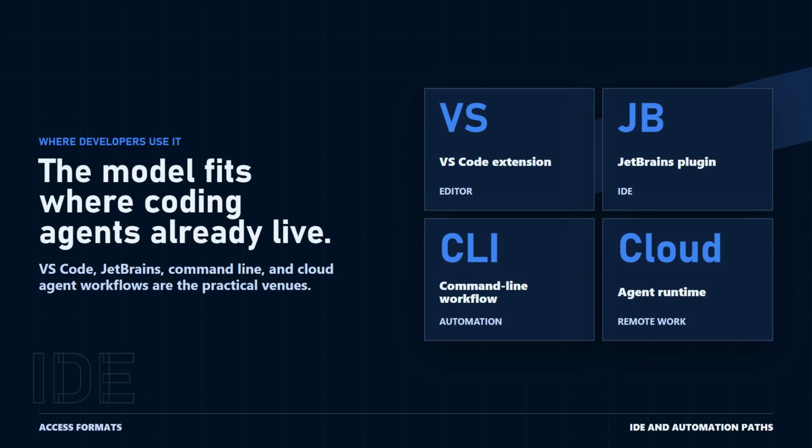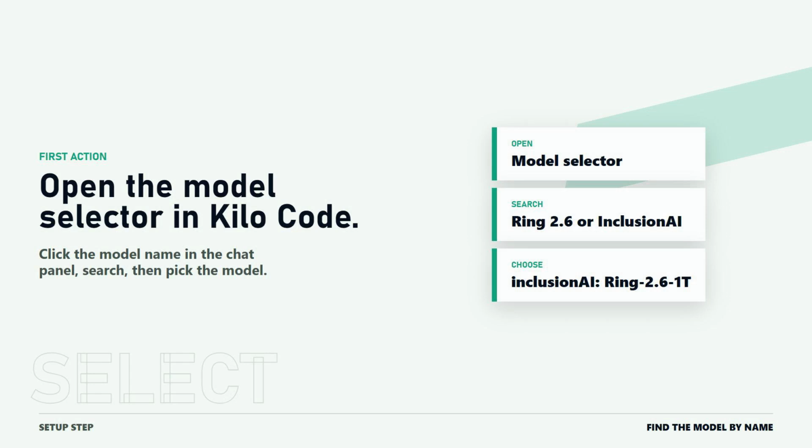Use it in popular IDEs like VS Code, JetBrains, Command Line, or Cloud Agents. Open the model selector: click the model name in the KiloCode chat panel to open the selector.